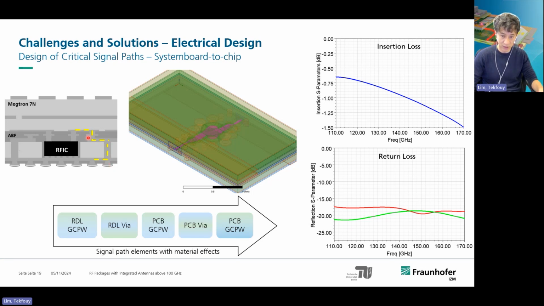So that's why this connection is quite critical for us. And that's why we have to make these simulations for this interconnect, and then see how many vias and for how many layers, to make sure that we have the best transmission from one point to another.